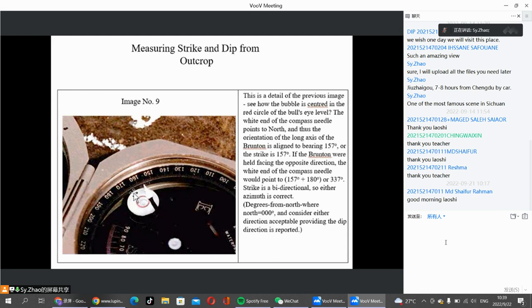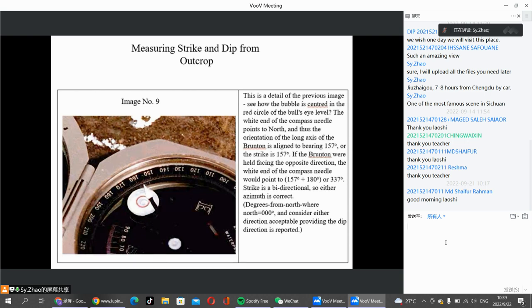At the white end of the compass, the compass needle points to south-southwest, and so the orientation of the long axis is aligned to bearing 157, namely the strike is 157.